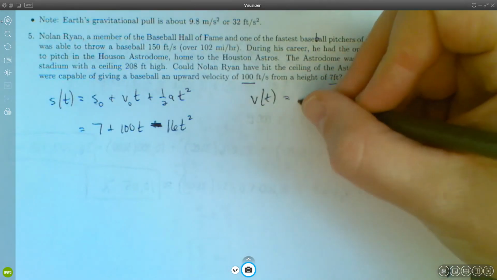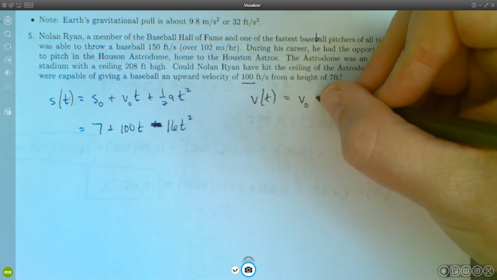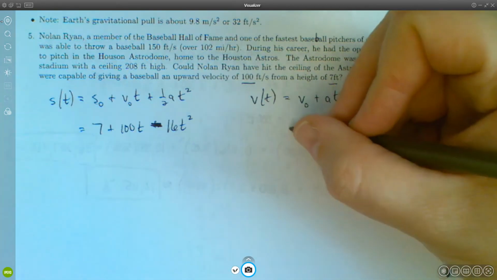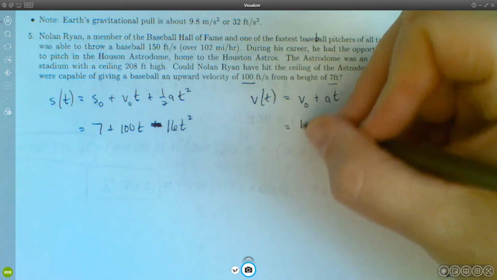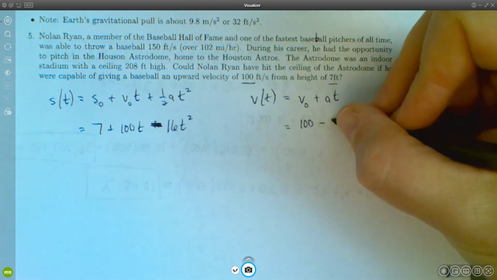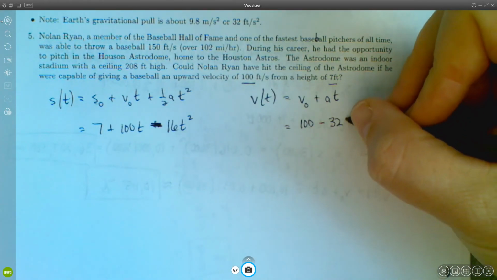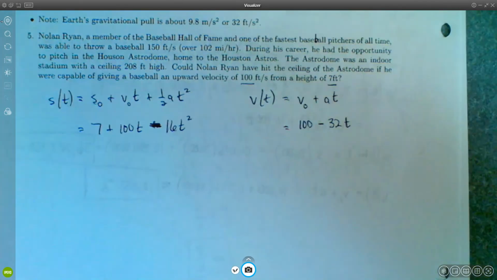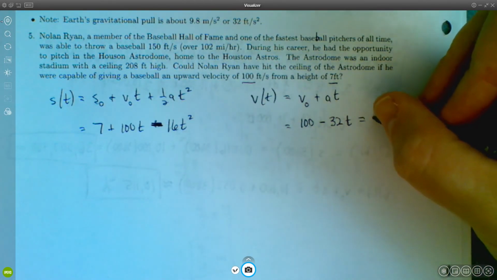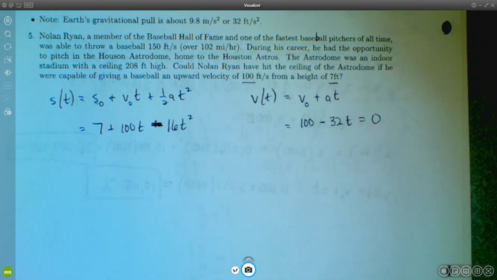Velocity function is going to be initial velocity plus acceleration times time. In this case, 100 feet per second minus 32 feet per second squared times time. And we want to know when that velocity is equal to 0, because that'll tell us the time at which the ball reaches its maximum height.